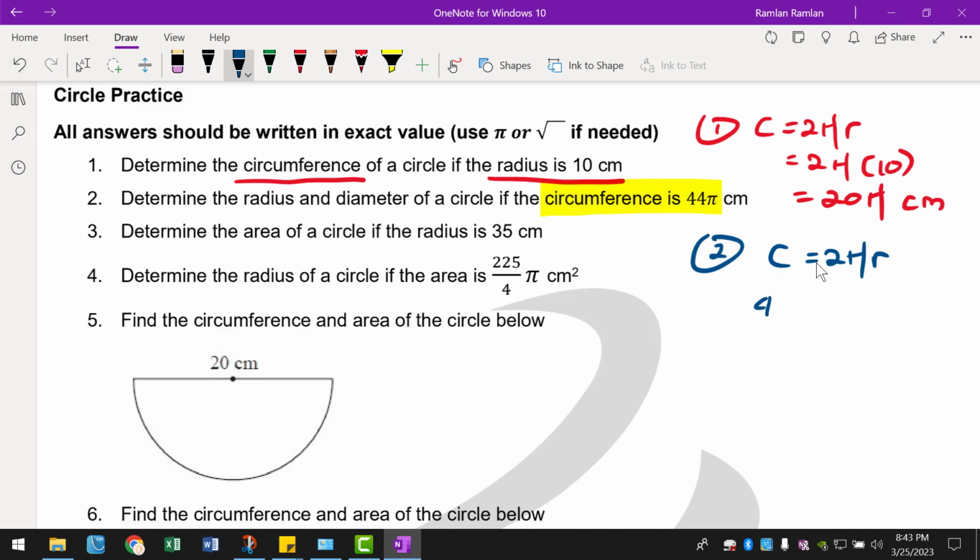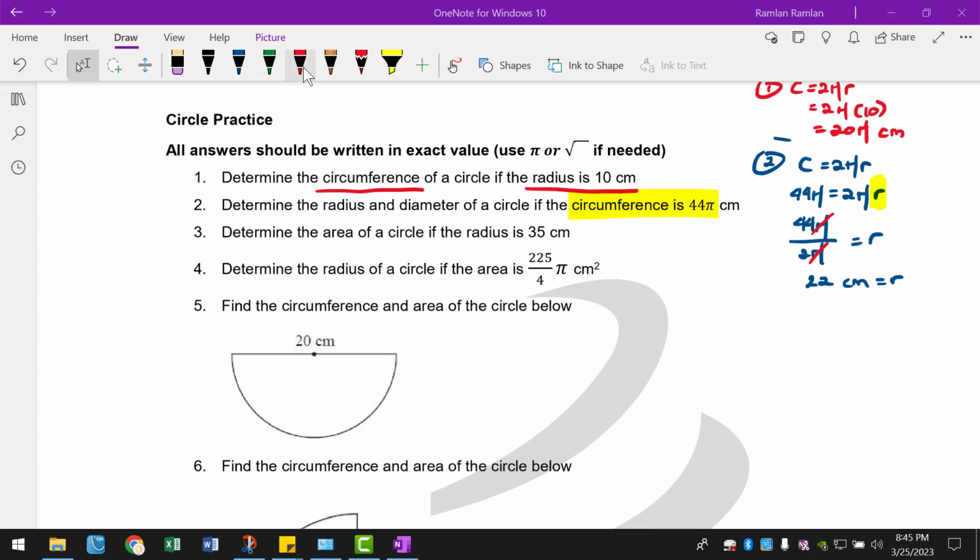That'll be 44 pi equals 2 pi r. So we don't know the r here. To make r the subject, we need to divide both sides by 2 pi to get rid of the 2 pi, so that'll be 44 pi over 2 pi equals r. Notice that we can cancel this pi, and then 44 divided by 2 is just 22. So 22 equals r, and the unit is going to be in centimeter.